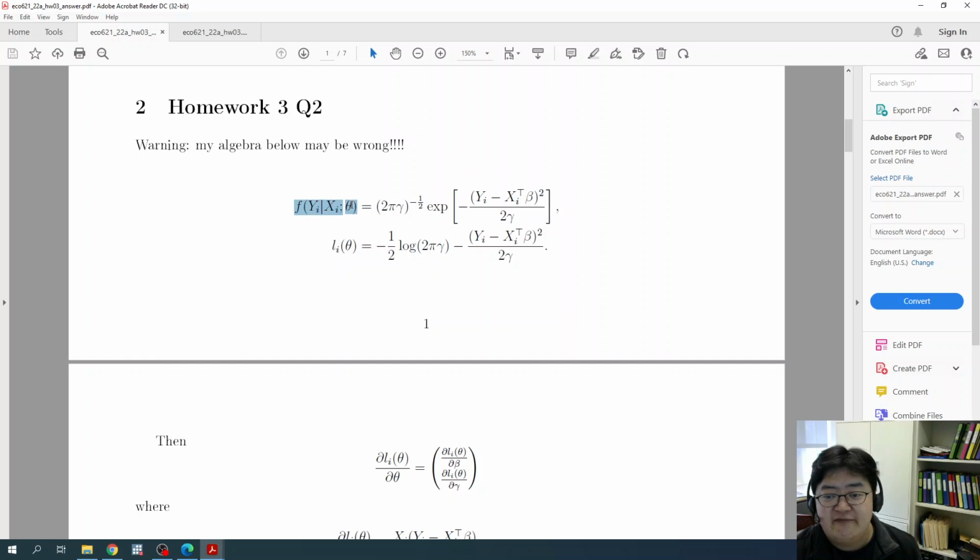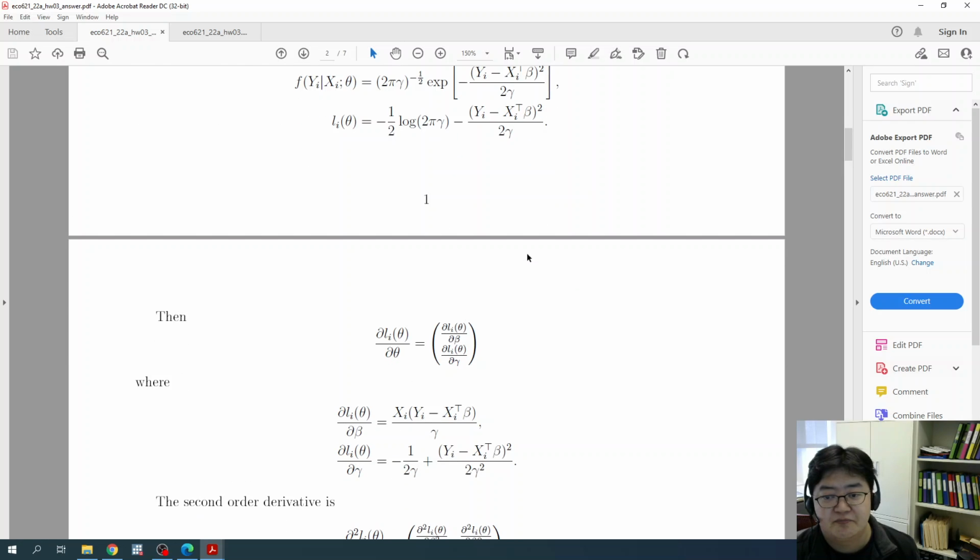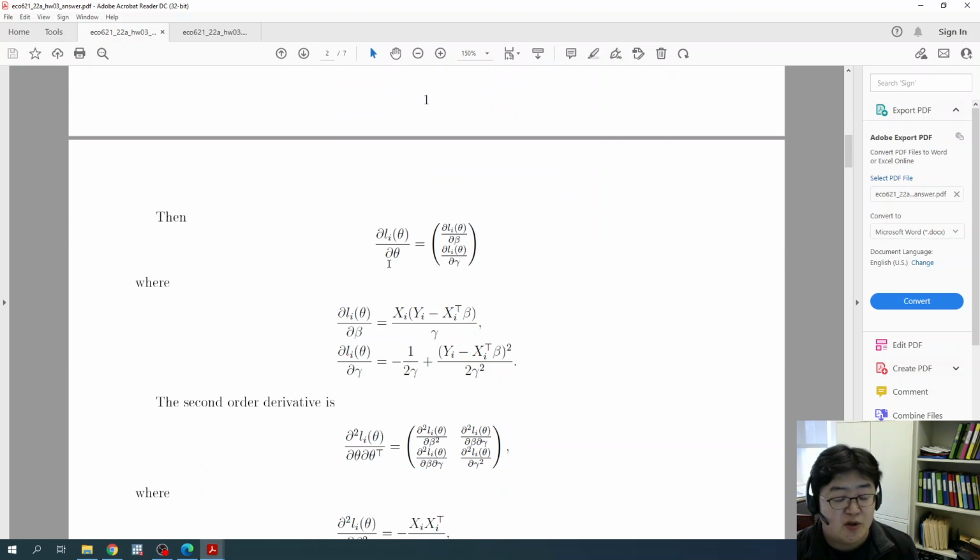And the PDF takes this form. The PDF of y given x is a normal distribution with mean x beta and variance gamma. By the way, beta and gamma are included in theta. By taking the log of this PDF, you get the log likelihood function. Take the log, and then the derivative with respect to theta.